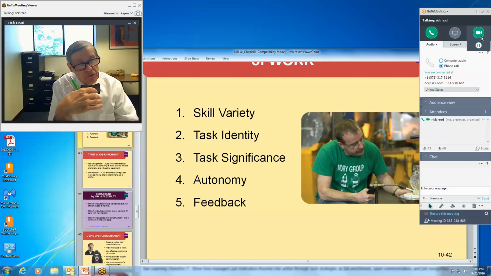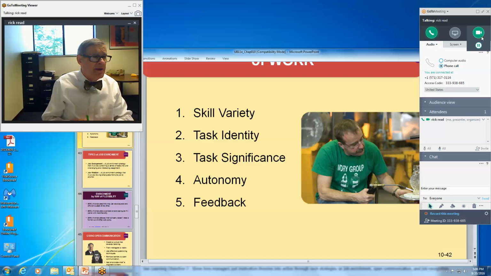That means how much freedom does the worker have to complete the tasks on his or her own and in his or her own way, as long as he or she is adhering to standards. And then the worker gets feedback on his or her performance.